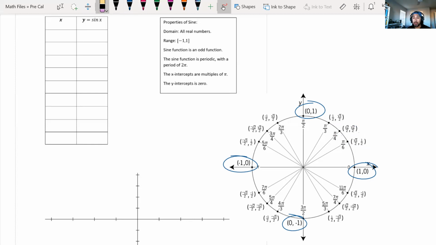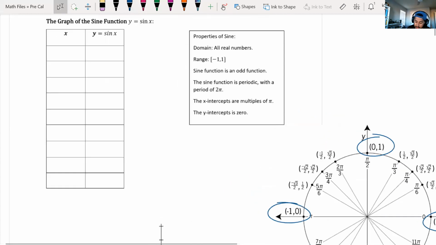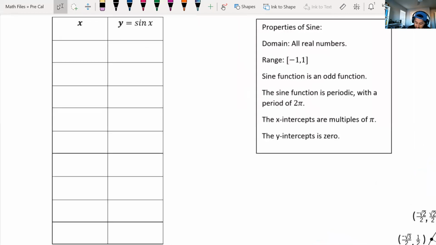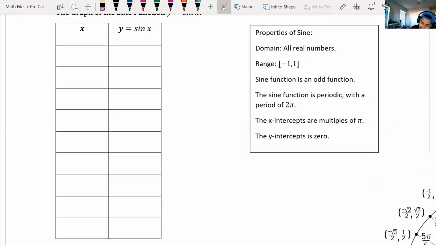So when you pick your x values for the sine function, here's what we're going to do. We're going to start with the negatives, and I'm going to start with -2 pi. And then I'm doing negative angles, then I'll come into the positive angles.